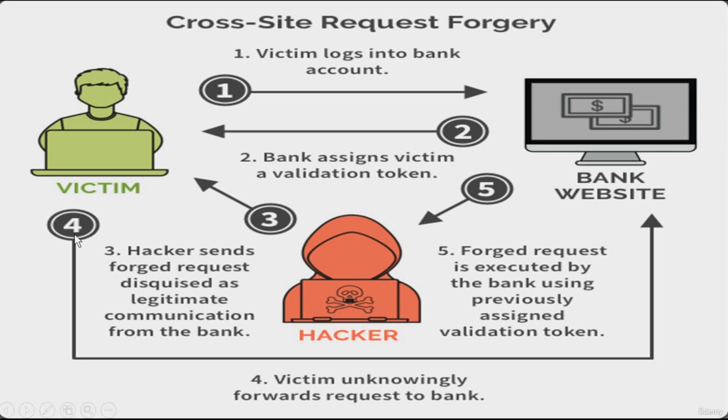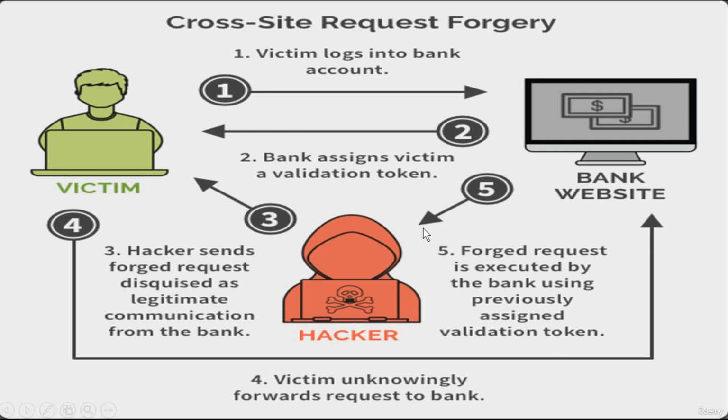Now the fourth step is that the victim unknowingly forwards the request to the bank, with that token you have remembered, right? The fifth step: the forced request is executed by the bank using the previously assigned validation token. So that's how it works for the individual.